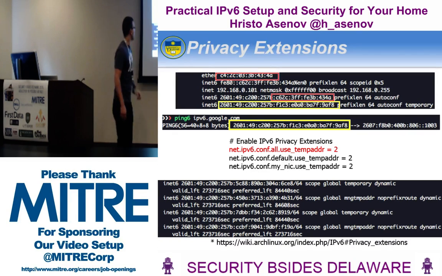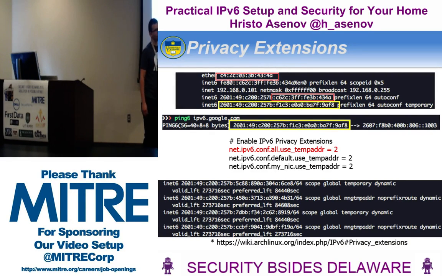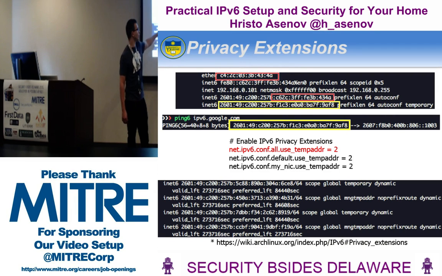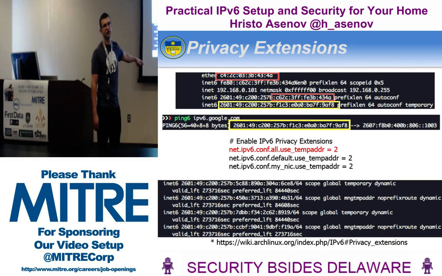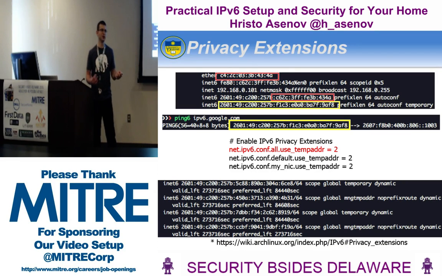And I also noticed that the Arch Linux wiki suggests that you turn the other two options on. However, when I did that, I noticed that I got a whole bunch of different v6 addresses, which is okay, but you just see 5 or 6 different v6 addresses all of a sudden. But those addresses are still being used rather than your address that's derived from your MAC.